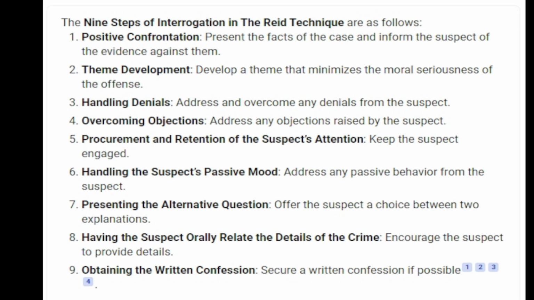And they will make sure to establish the voluntariness of that statement in the written, so that way it can't be, or most likely will not be, admissible in court, probably for a long time. So those are the 9 steps, to my understanding.